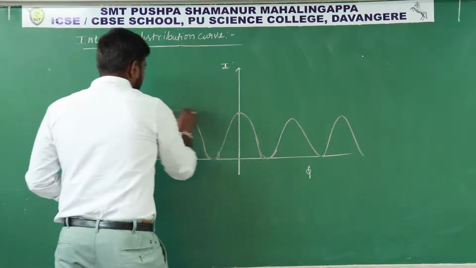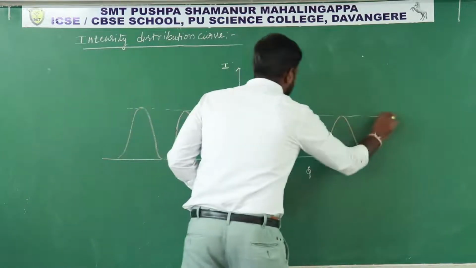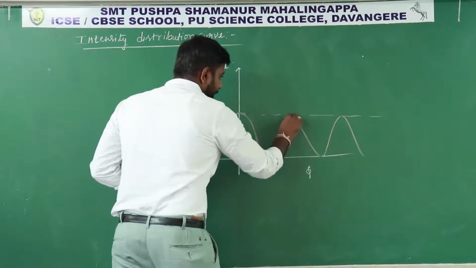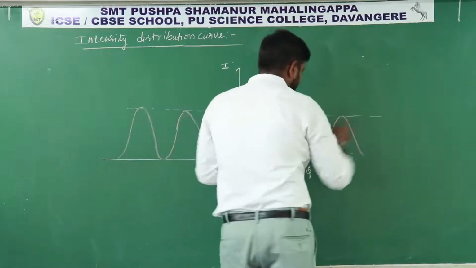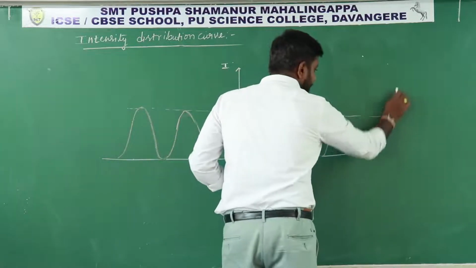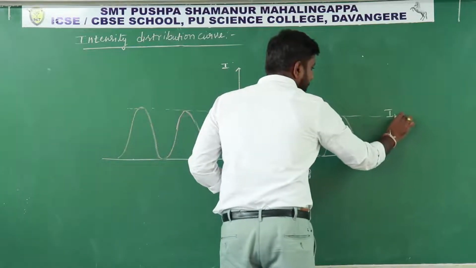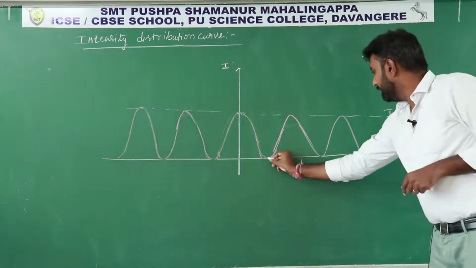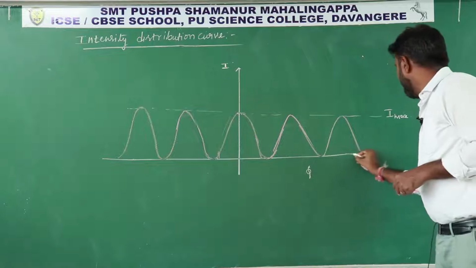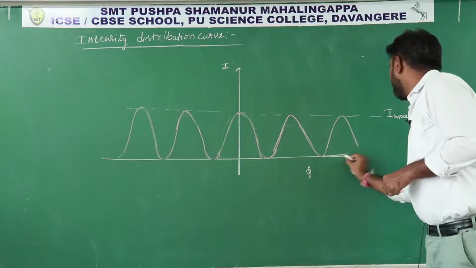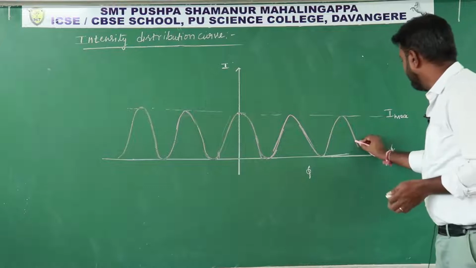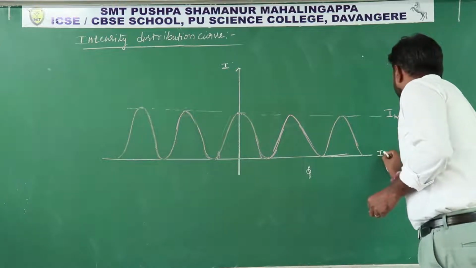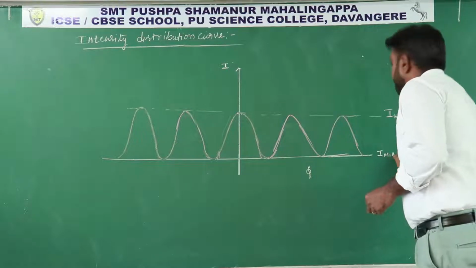Here this is the maximum value of intensity, that is I maximum, and here this is the minimum value of intensity, that I will represent as I minimum.